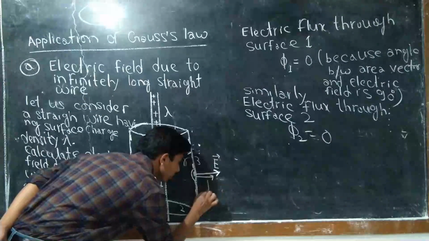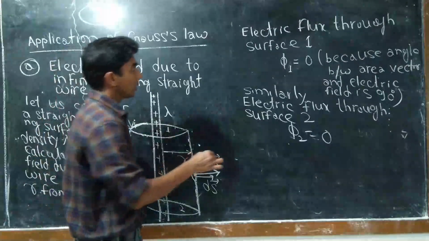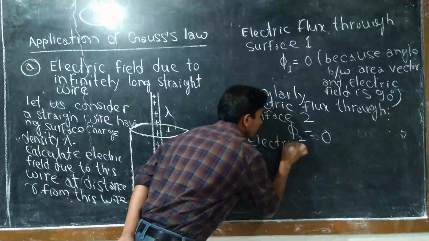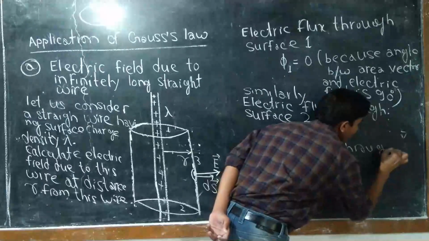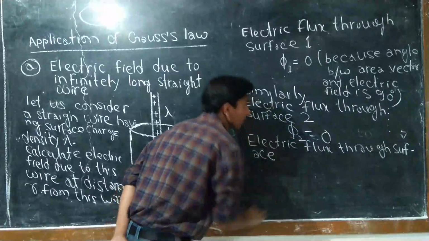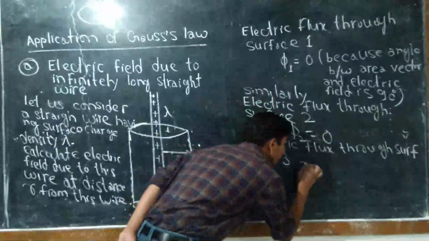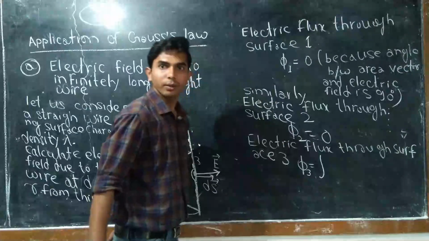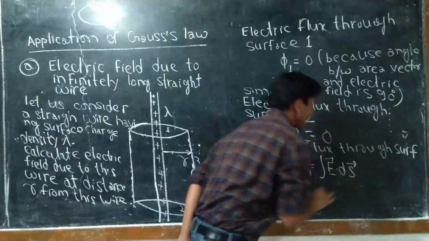Now the electric flux through surface 3 is phi 3, and phi 3 is the integration of E dot dS.